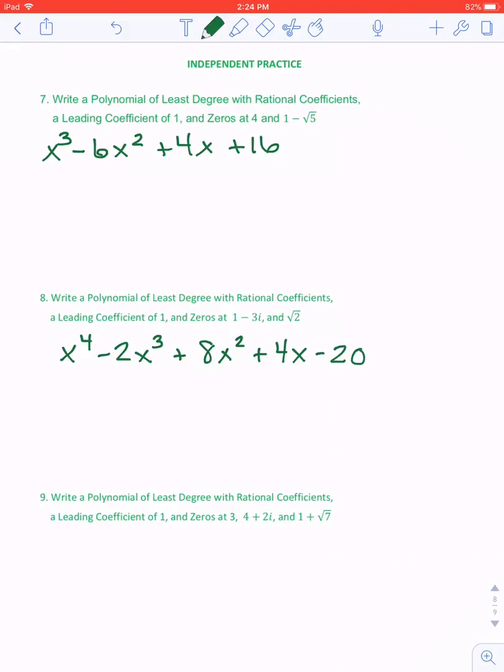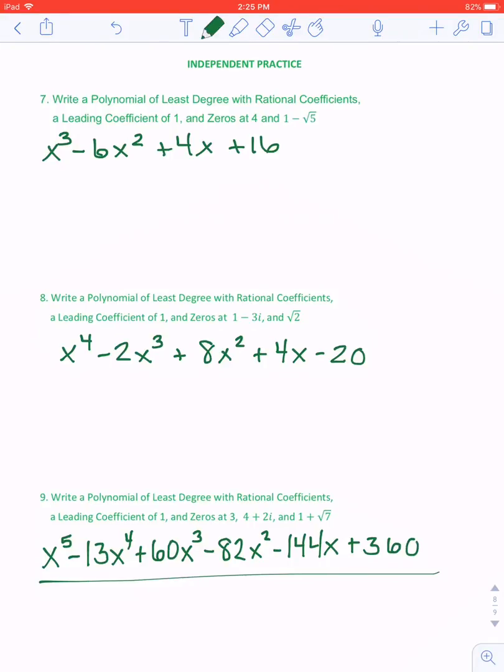Number 9, you should get x to the 5th minus 13x to the 4th plus 60x cubed minus 82x squared minus 144x plus 360. So these should be your final answers.